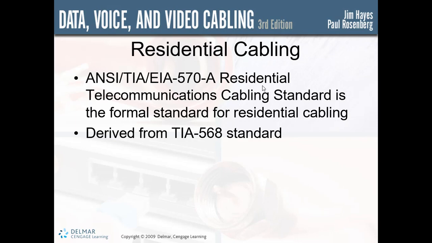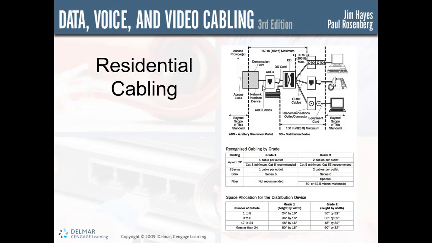The 6-position RJ11 is not allowed, and additionally, splitting pairs is only allowed with an external adapter and not behind the outlet. The standard specifies a distribution device for each residence. This device is a panel of sorts, functioning as a type of service entrance panel for a telephone company.